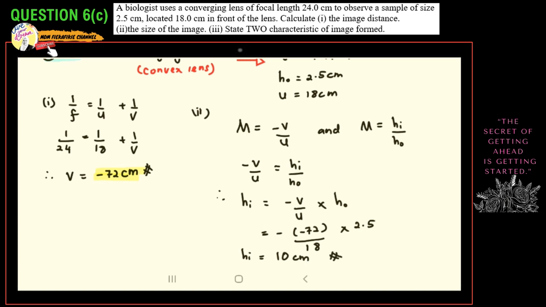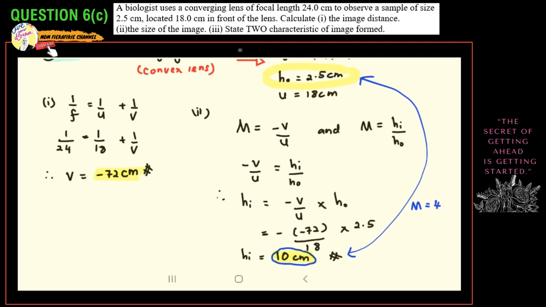Okay, kalau kita tengok tadi, the size of the object is 2.5 centimeter. Kalau kita compare kan sekarang dengan size of the image, maknanya image ini 4 kali ganda lebih besar daripada objek. So, kalau image 4 kali ganda lebih besar daripada objek, maknanya magnification kita mesti nilainya adalah 4.